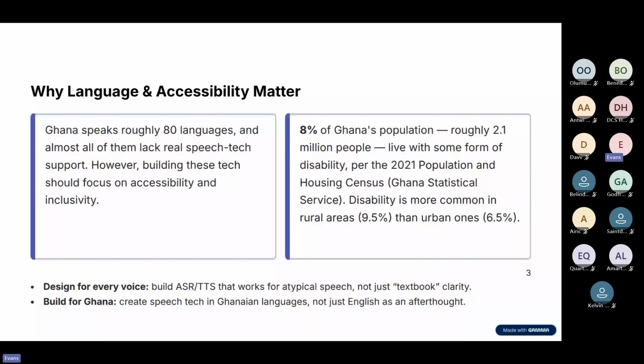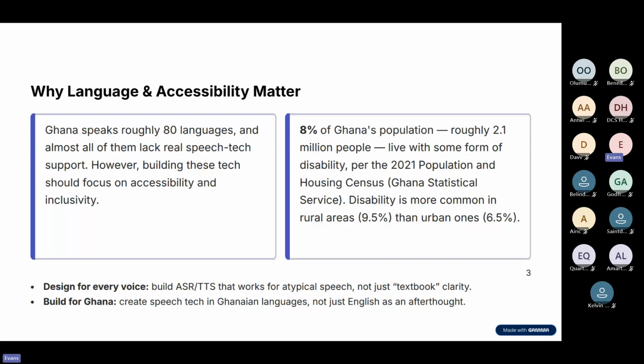We want to design for every voice. That's through building ASR and TTS that works for atypical speech. When I say atypical speech, you've gone through that disability module. I'm talking about people who have some sort of speech impairment, so they can also leverage these technologies.